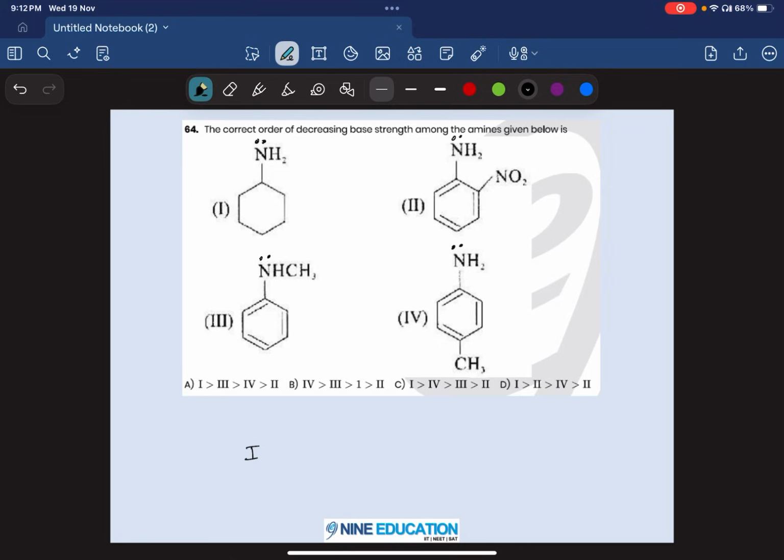Then how to compare between the other three? Always remember, basic character increases in the presence of donating groups, or you can say plus some sort of groups.